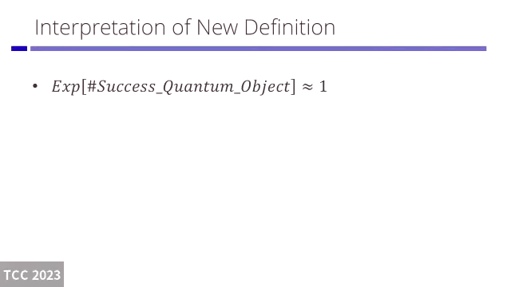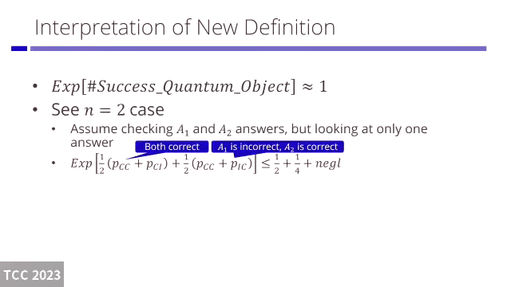And I briefly explain the interpretation of the new definition. This definition roughly says that the expected number of successfully copied quantum objects is almost equal to 1. Why? Let's see this for the n equals 2 case.